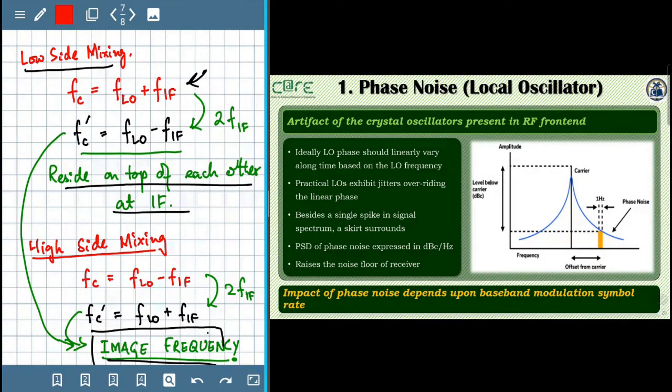Phase noise. Phase noise is basically an artifact of the local oscillator wherever it is present. In a multi-stage super heterodyne transceiver, there are a number of local oscillators present. Ideally, the local oscillator phase should vary linearly along time.